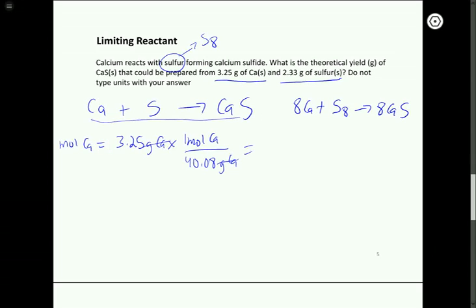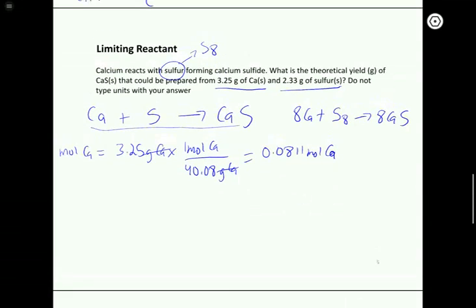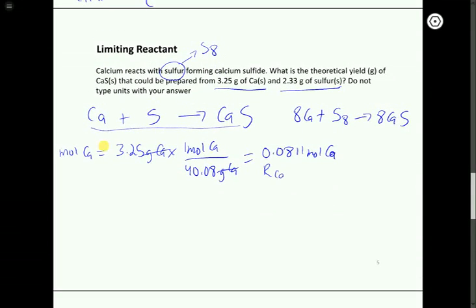Alright, so we get 0.0811 moles of calcium. And then we need to find the stoichiometric ratio for calcium. So the stoichiometric ratio, which I abbreviate R, is going to be this number divided by the coefficient for calcium, which is 1. Okay?